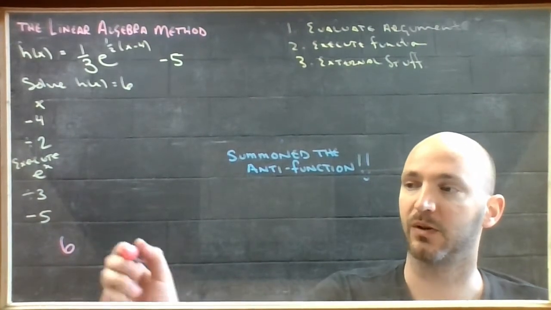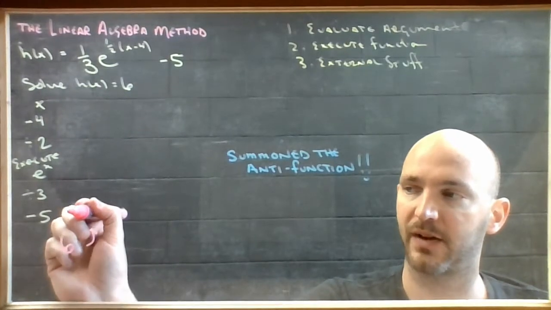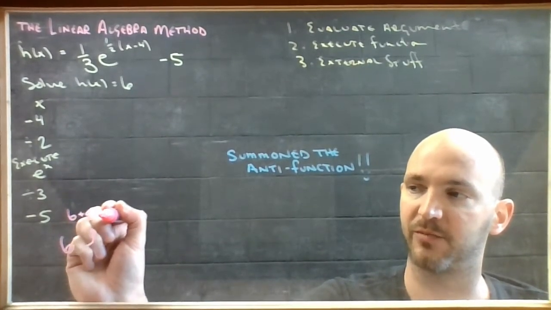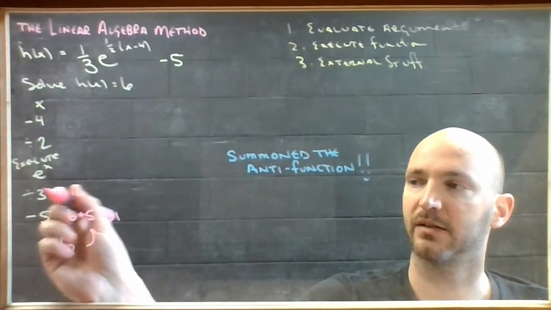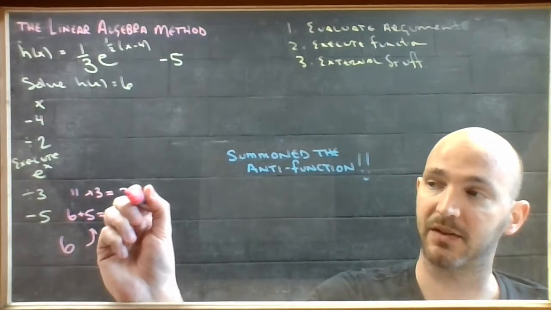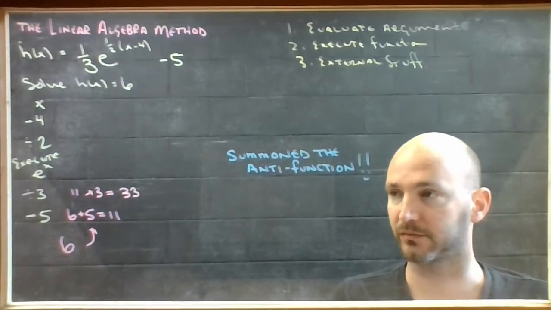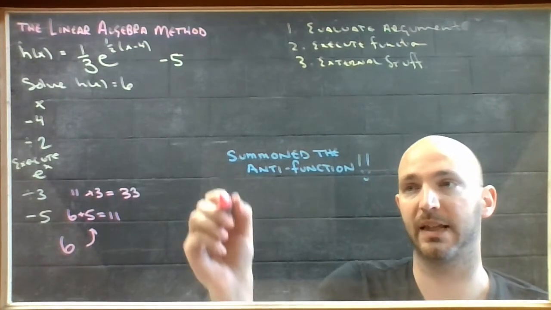Okay, so going back up through these steps, undoing them. Undoing subtract 5, I would have to add 5, which would give me 11. Taking that answer, undoing divide by 3, you accomplish that by multiplying by 3, that gives me 33. We're going to have to figure out how to undo e to the x.